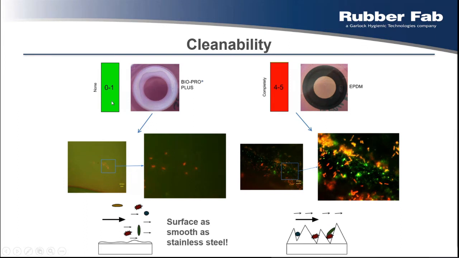In this case of our gaskets, after they have gone through a cleaning process, and we already saw the EPDM surface with a lot of activity of microorganisms. And then we also, of course, checked the gasket that had the best cleaning results, because we wanted to be sure that nothing went wrong with the test.